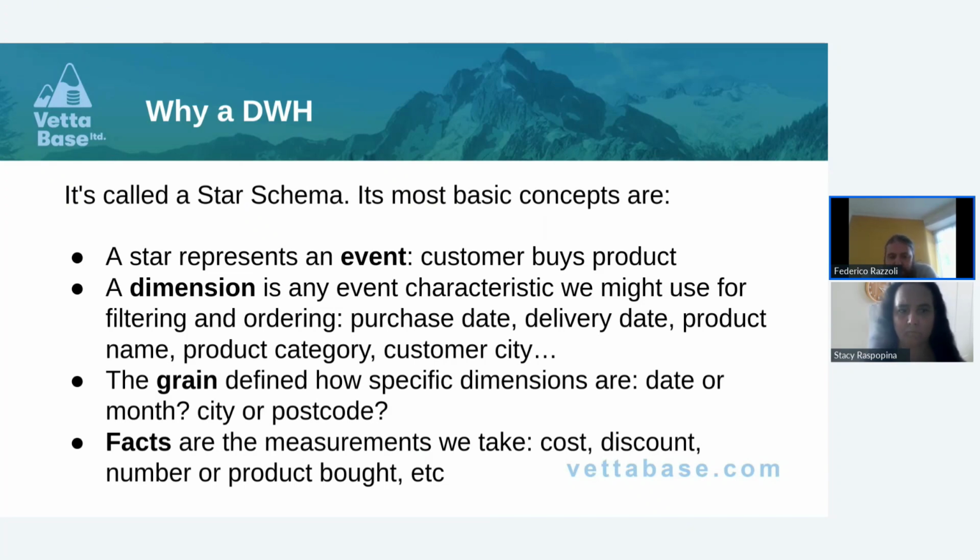Actually, in many cases, you will have multiple star schemas with multiple dimensions that contain theoretically the same data, but in practice, they have different grains. Okay, so you might have a star schema where the granularity is date and city, and another star schema where the granularity is month and postcode. Okay.